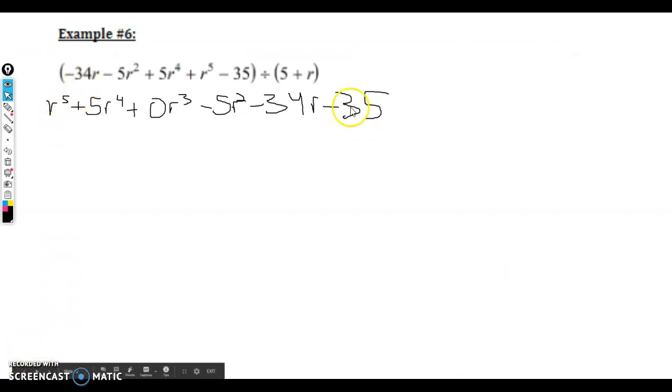So I put example 5 in standard form. So go ahead and do that. Copy this if you need to, or pause this if you need to. Now I'm going to set up all my terms. So I have r to the 4th all the way down to my constant.